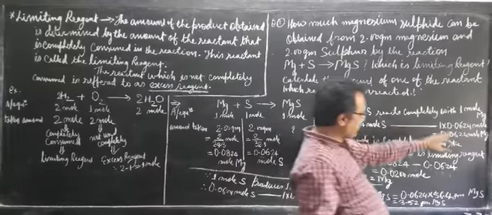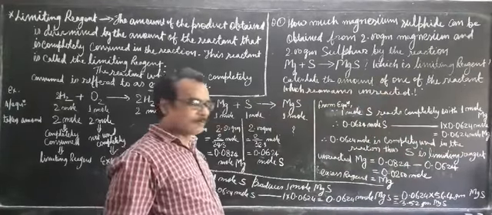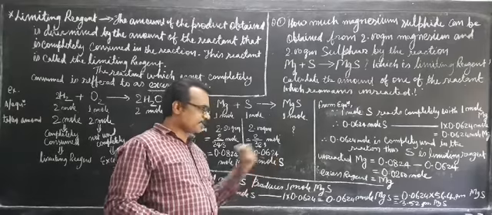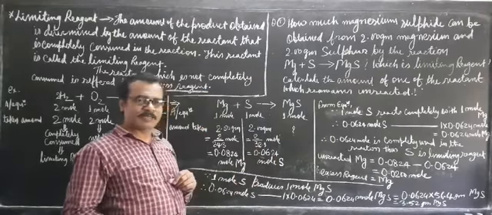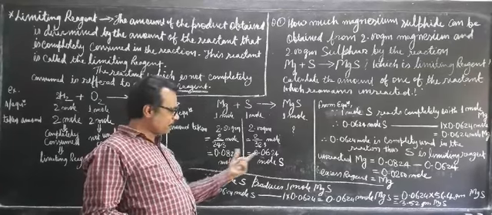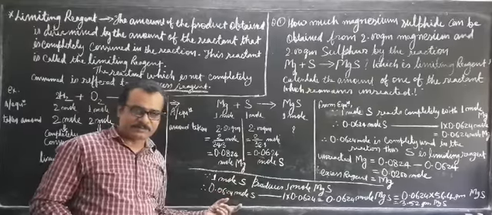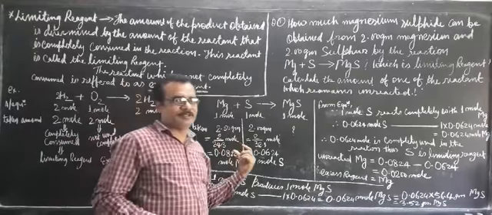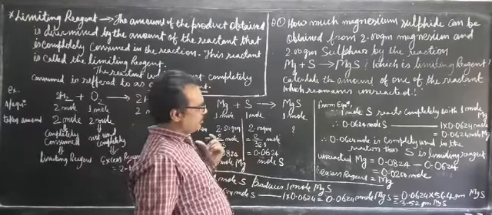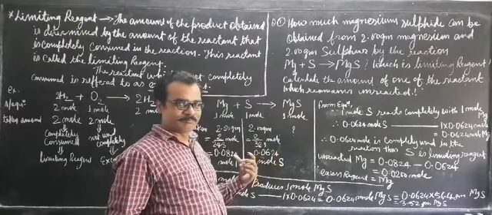That has been calculated here. So how much magnesium is used up? This much magnesium is used up. But how much magnesium have we got? This much, which is more than the amount required. The amount taken in the chemical reaction is much more than the amount required to get completely used up.